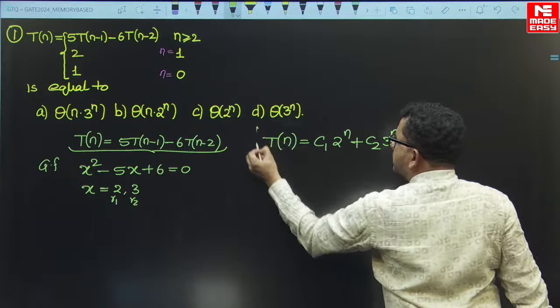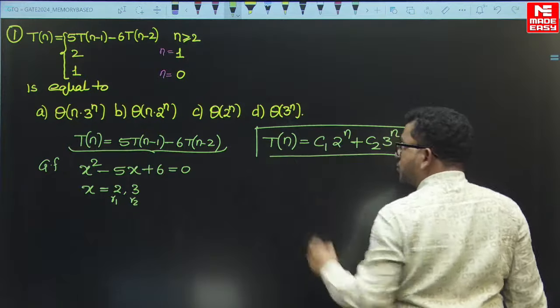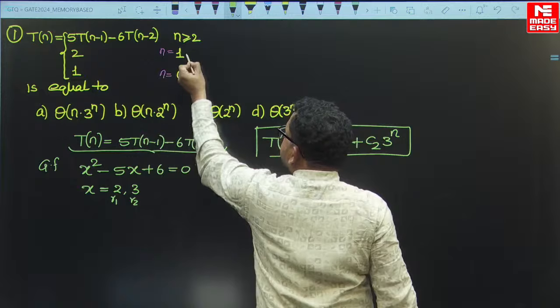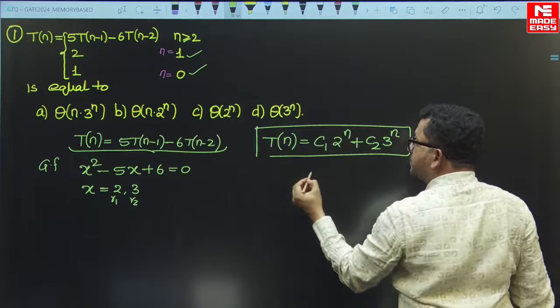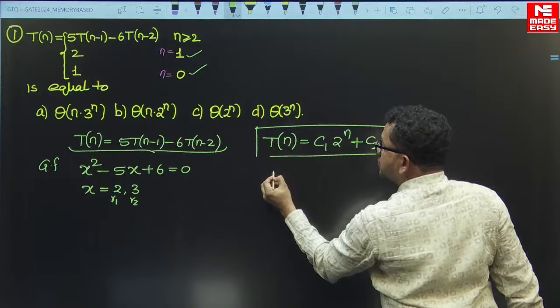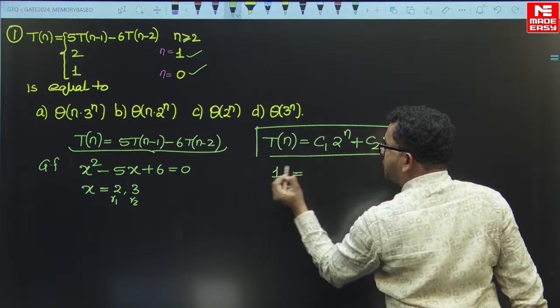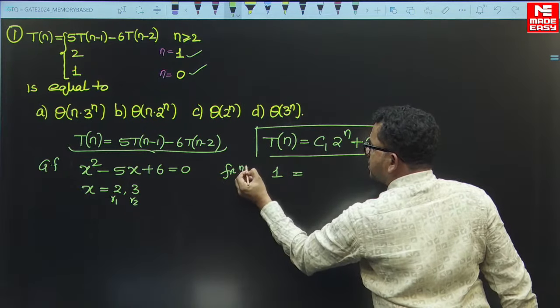Now to get the constants C1 and C2, we should use the base conditions. T of 0 is 1, so for n equal to 0, C1 plus C2 equals 1.